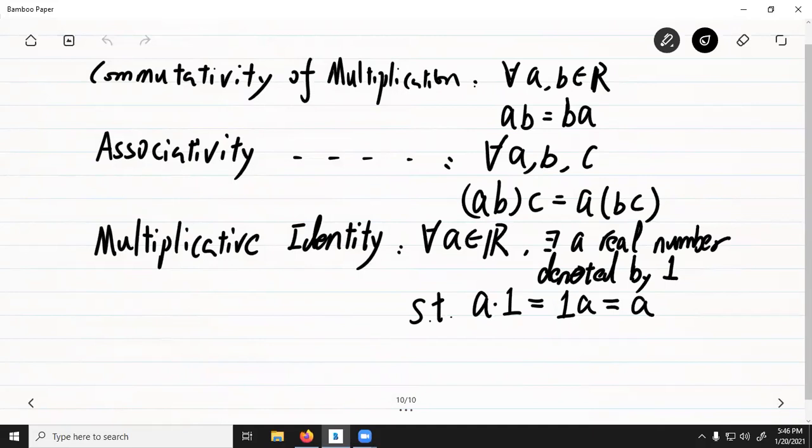Then we also have the multiplicative inverse.